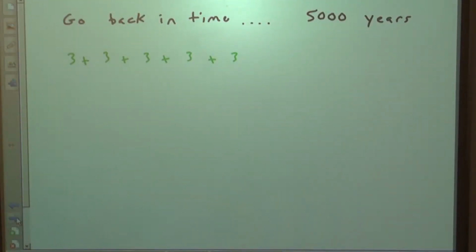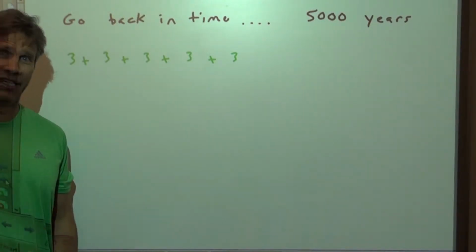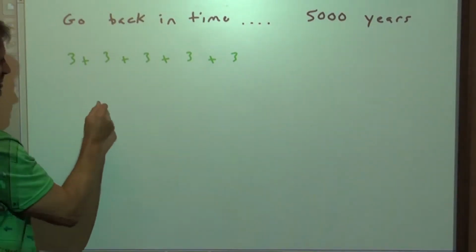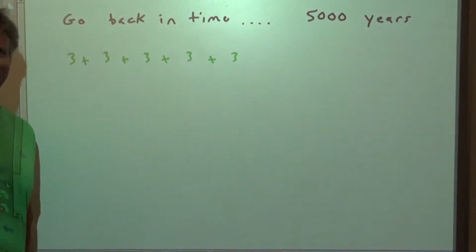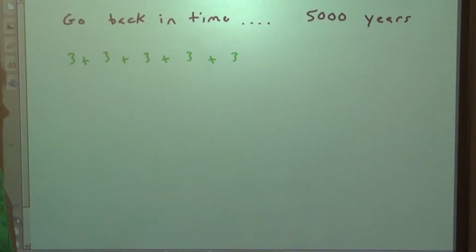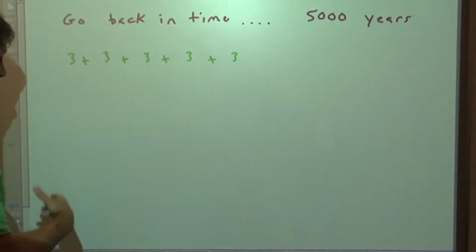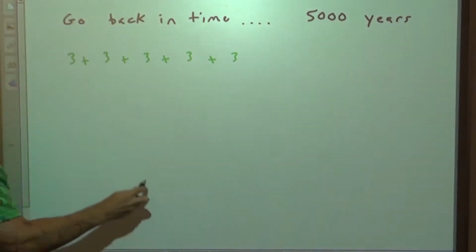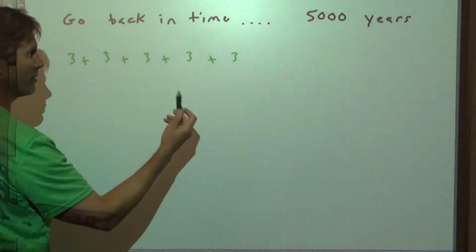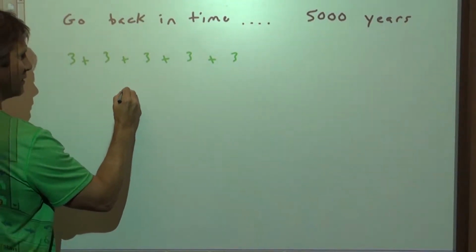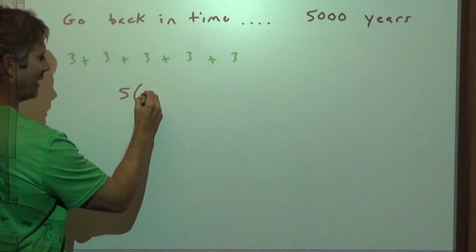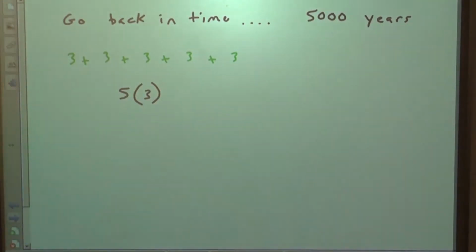Let's go back about 5,000 years to Egypt, and people are carving numbers into the sand, and it's just tedious and it takes a long time. So somebody says, whoa, I know, let's invent multiplication. So they did. And they said, you know what, instead of writing 3 plus 3 plus 3 five times, let's stipulate this. Let's say that this means 5 times 3.